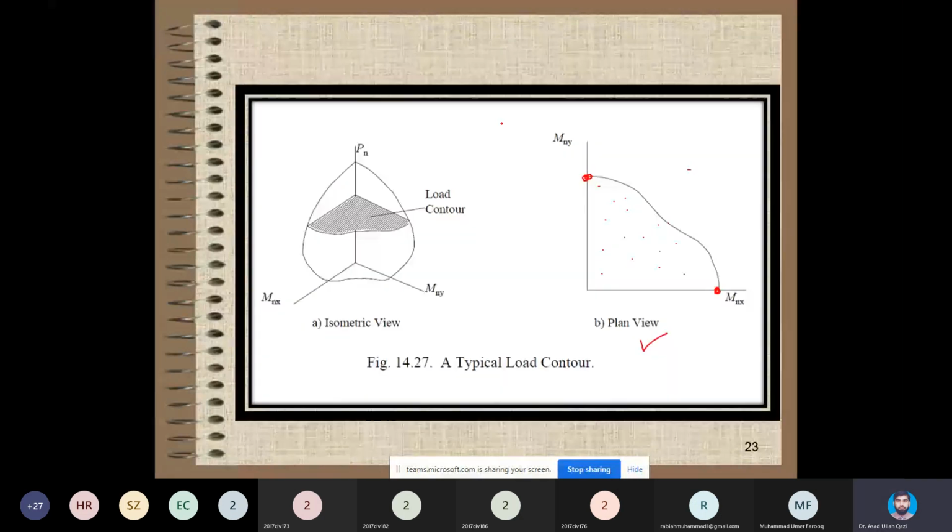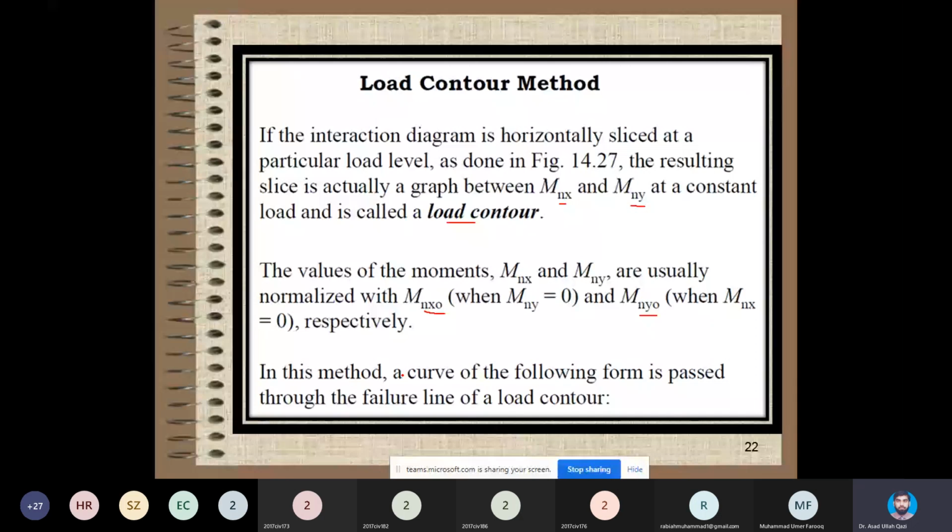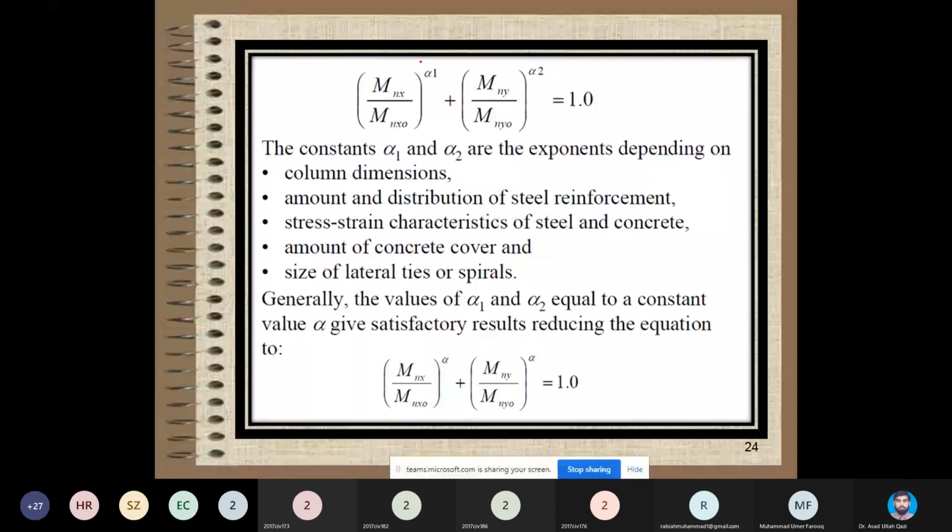In this method, an equation of the following form is passed through the failure line of a load contour, and this equation also represents a curve. For example, it has the first component with exponent alpha 1 and the second component with exponent alpha 2. If alpha 1 and alpha 2 are 1, it will be like this.